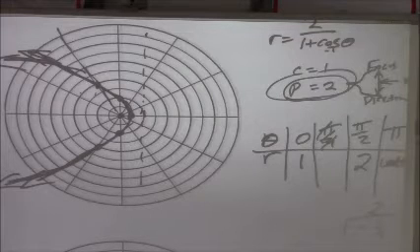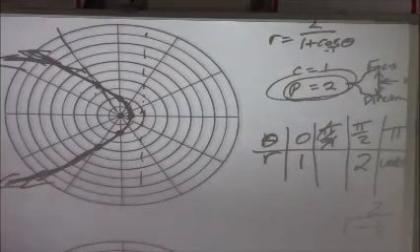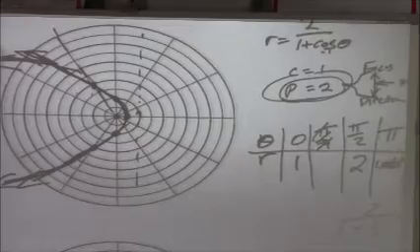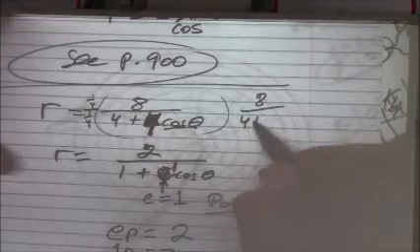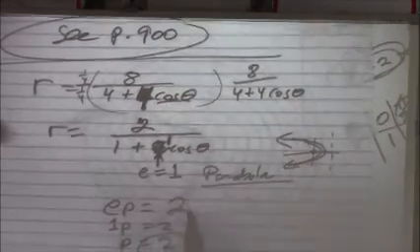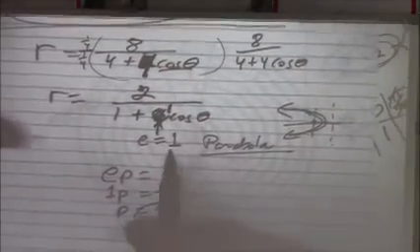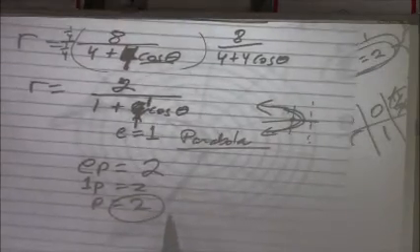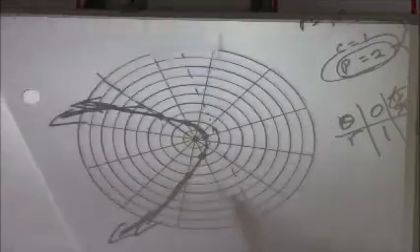Okay, so let's go back over this, especially since I don't want you to make the error that I started making before. Using this equation where it was 8 over 4 plus 4 cosine theta, I wanted to keep it for a parabola, that changes to 1 plus cosine theta, and that gives us an eccentricity of 1, which tells us it's a parabola, and gives us a p of 2.